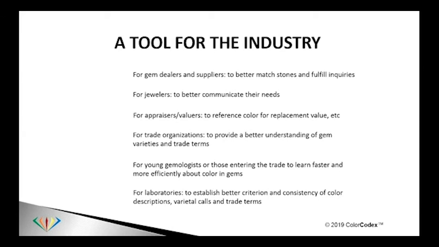For jewelers, you can better communicate their needs. For appraisers or valuers, you can reference color for insurance value or replacement value, and in case something gets lost or stolen, you can actually replace like with like because you have an exact color reference. For trade organizations, I see a great benefit, because using such a tool, you can provide a better understanding of gem varieties and also trade terms, not just for the industry, but also for consumers.